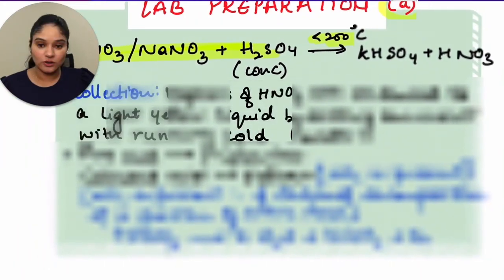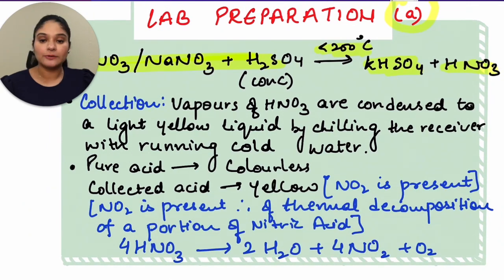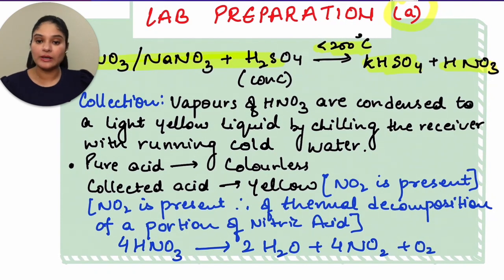Now let's come back. So this is the collection process. Vapors of nitric acid are condensed to a light yellow liquid by chilling the receiver with running cold water. Pure acid is colorless. Then why is this collected acid yellow in color? That is because of the nitrogen dioxide that is present in it. How does nitrogen dioxide reach there?